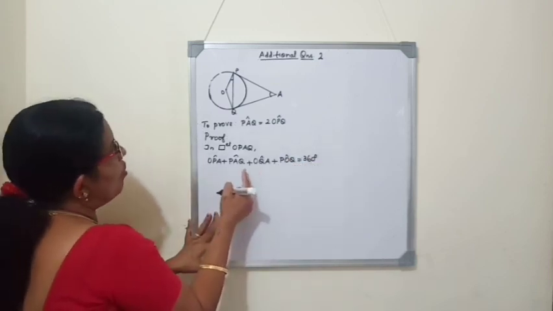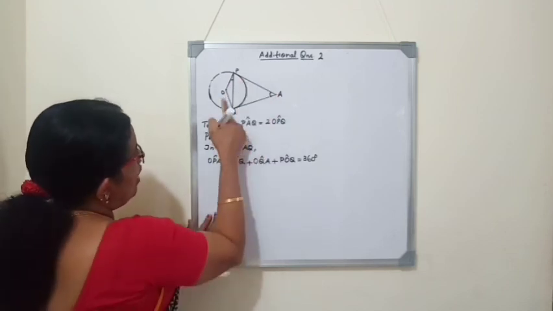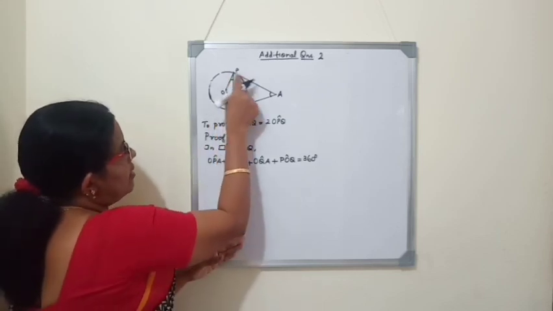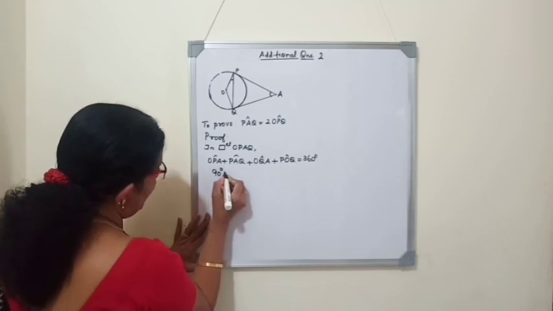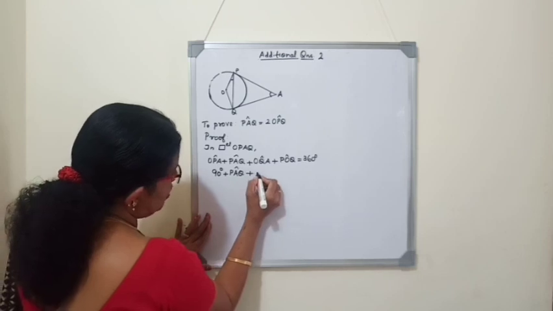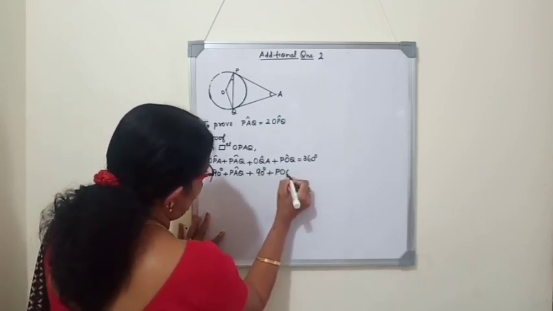In this, you all know that angle OPA, the full angle, and angle OQA are how much? 90 degree. Reason is radius and tangent are perpendicular. So OPA you have to apply 90 degree. PAQ as it is we have to write. OQA is also 90 degree plus POQ is 360 degree.